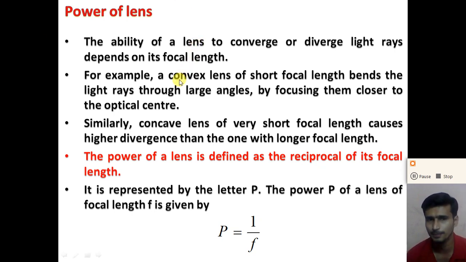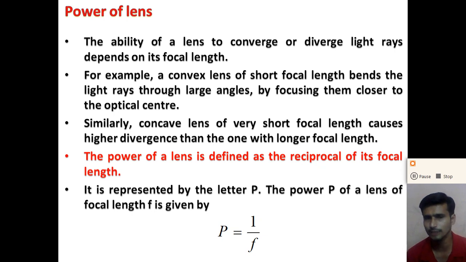A convex lens with a short focal length bends light rays through a large angle by focusing them closer to the optical center. So the rays of light bend towards the optical center at a very large angle.